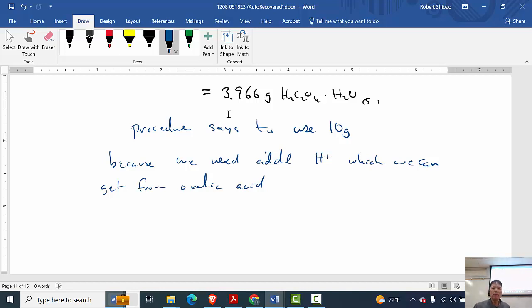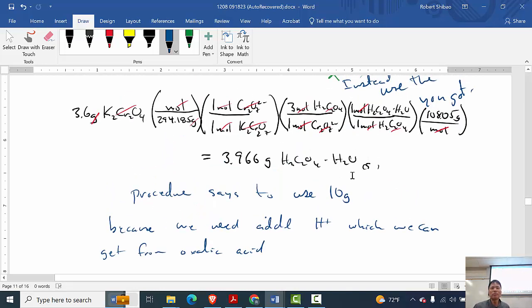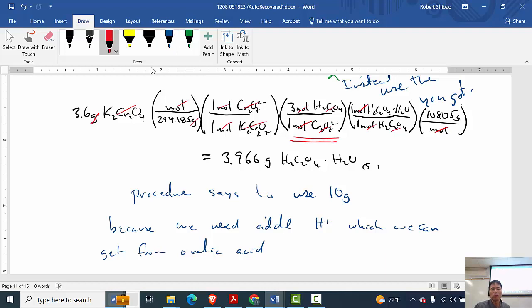And so really, we're going to change this ratio here. We need an additional 8 H+.